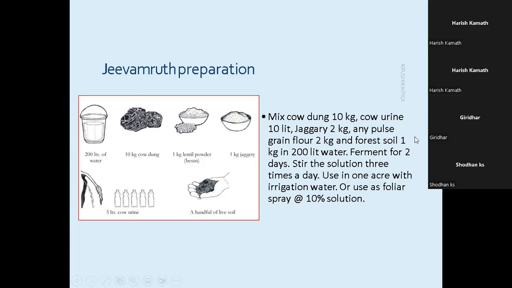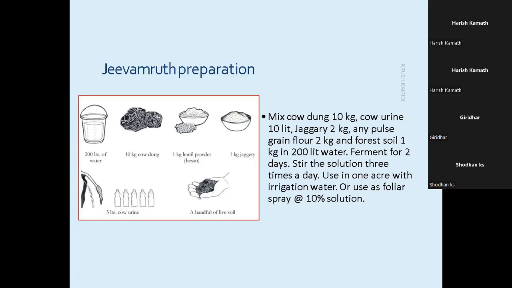Then forest soil. If forest soil is not available, you can take soil from below a perennial crop, some 20 to 30 year old plant. Below that plant, you can take some 2 kg soil, then add everything into one drum of 200 liters of water.